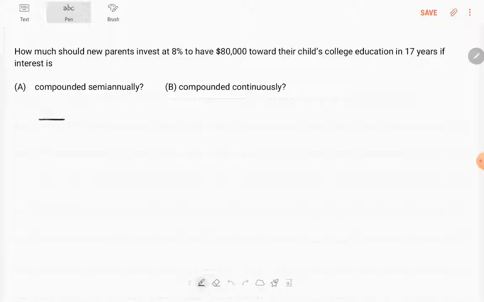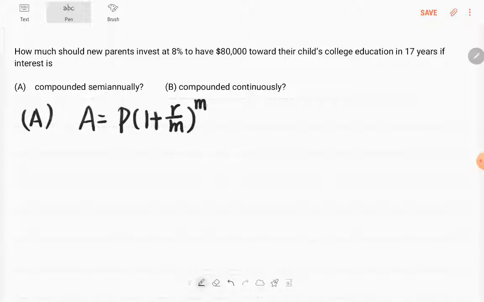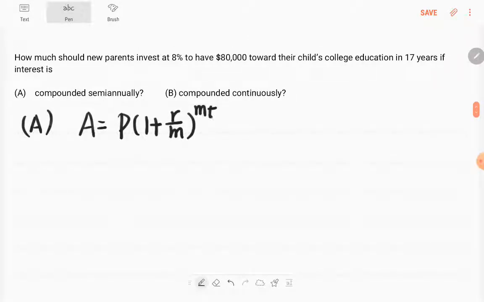So now let's look at the first one, compounded semi-annually. We use our formula: A equals P times (1 plus R over M) to the M times T. Now this A is given. A is 80,000.